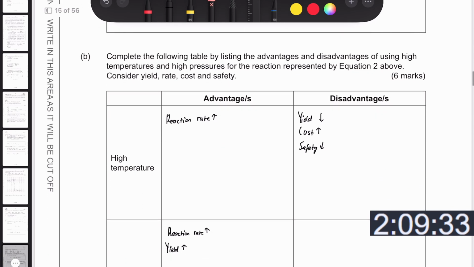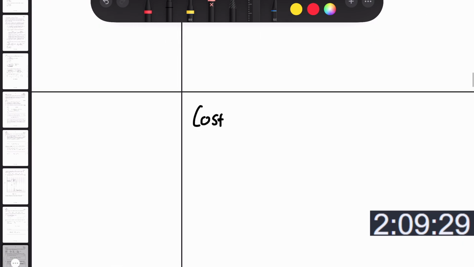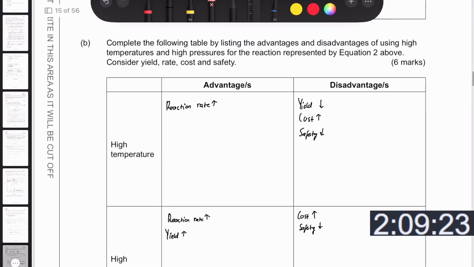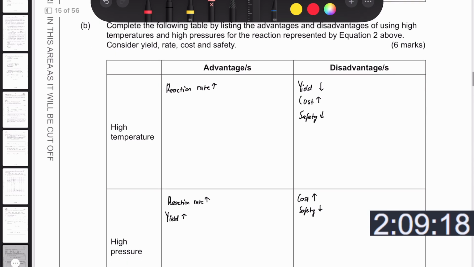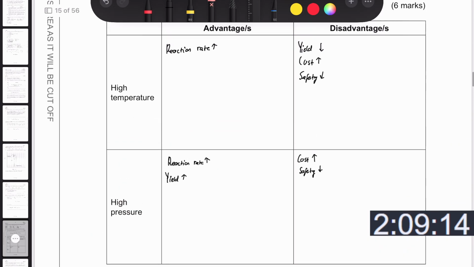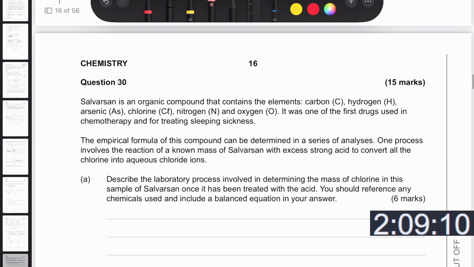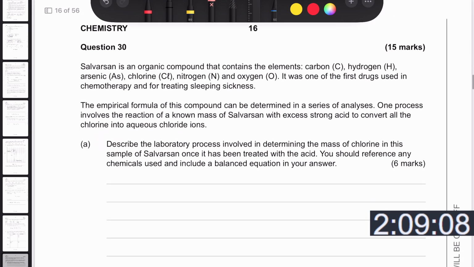But then cost and safety. So cost will increase and then safety will decrease. And listing the advantages using high pressure. Okay. I think, is that all I have to do for 6 marks? I'm not sure. Oh, he's gonna keep going.